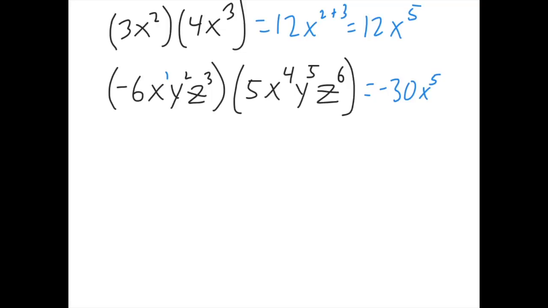Then we have y squared times y to the 5th, so 2 plus 5 is 7. So y to the 7th. And then z cubed times z to the 6th, 3 plus 6 is 9. So z to the 9th.